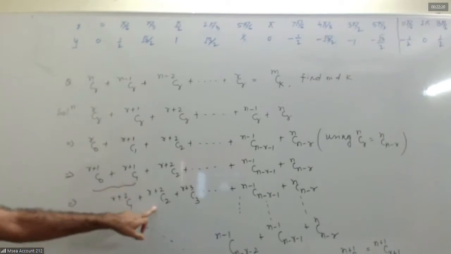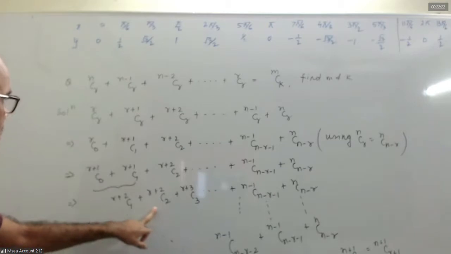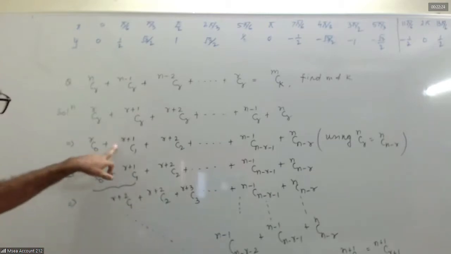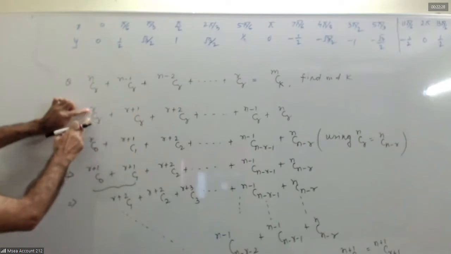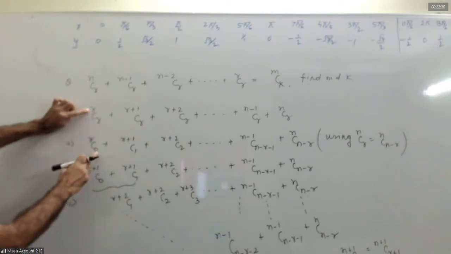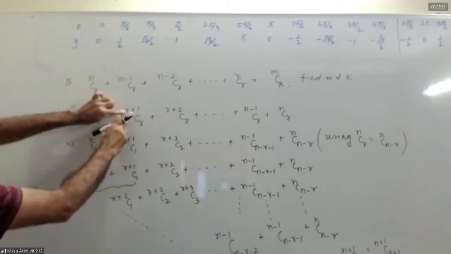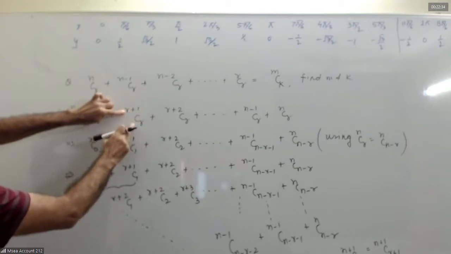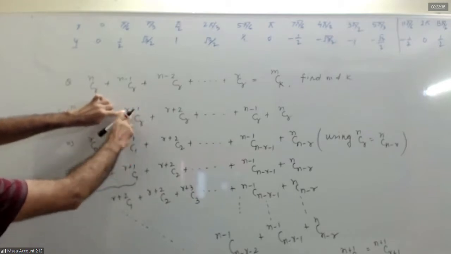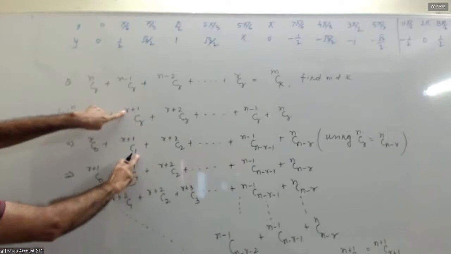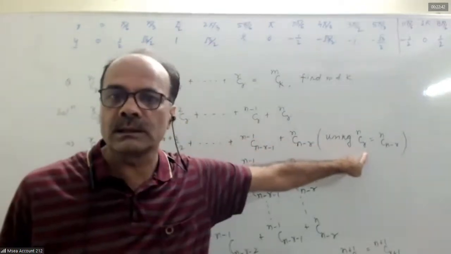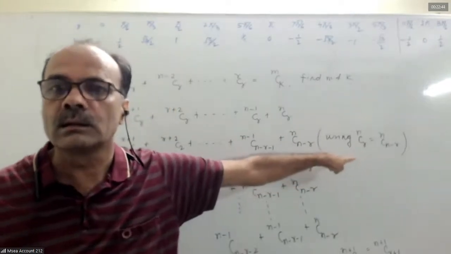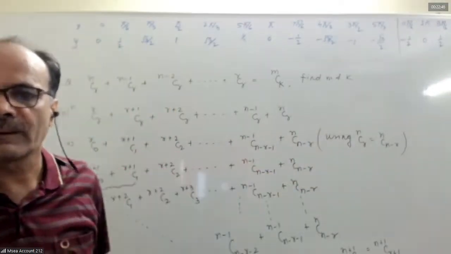Now that's the second one. See, rCr is rC(r minus r). r minus r is 0. (r plus 1)Cr is (r plus 1)C(r plus 1 minus r). r plus 1 minus r is 1. I have written here which result I have used.